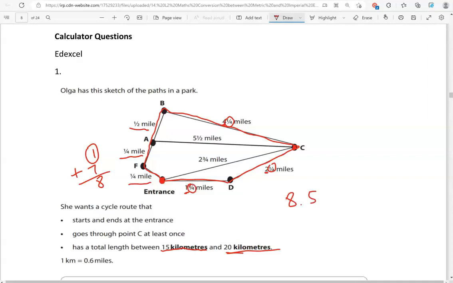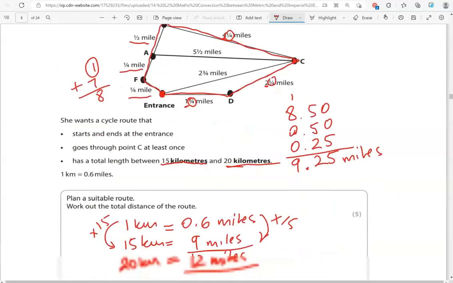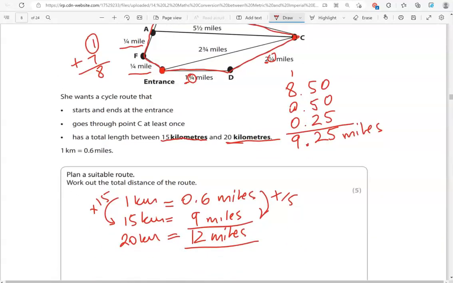And then we've got 3/4 there as well. 3/4, that is half, and 0.25. So that is 10, 12, 2 down, 1 carried over, 9.25 miles. And that is in between 9 and 12 miles.